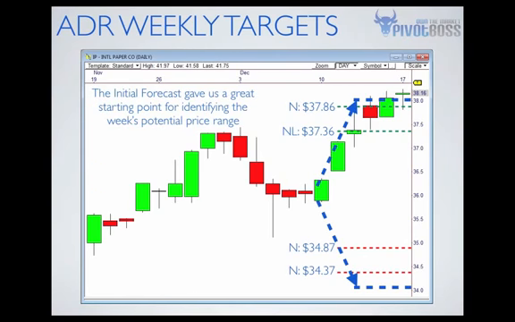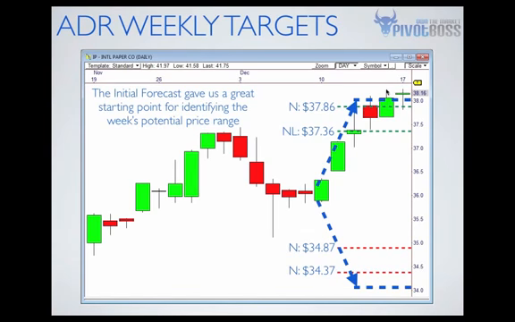As a matter of fact, if I overlay the initial forecast onto what really happened and over the actual weekly targets, you can see that it put us right in play for what was likely to happen. The top part of that price extreme is right where price closed the week. Look at where price closes the week, right at that zone.